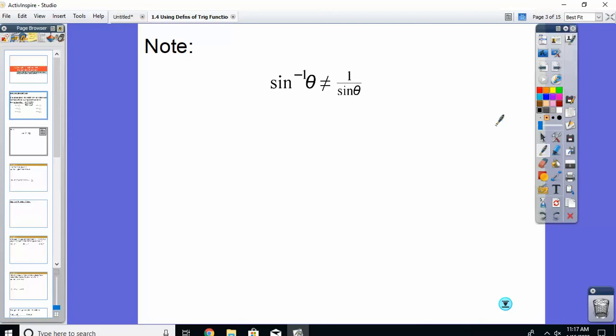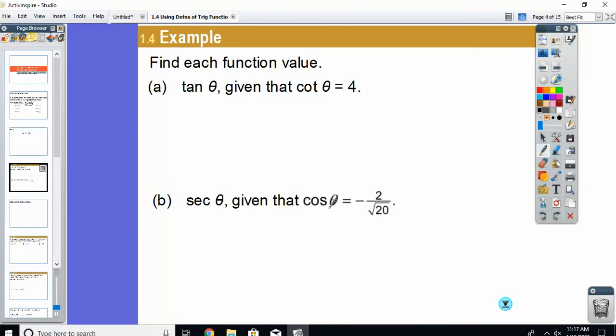So let's look at a couple examples involving our reciprocal functions. I want to find each of these values. Okay, so I want tangent of theta given that cotangent is 4.